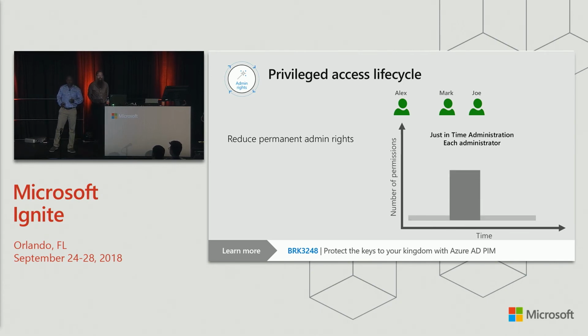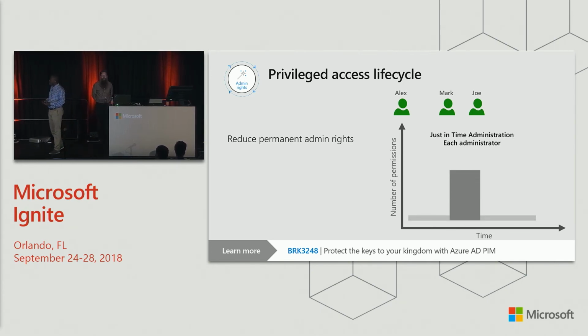When you remove that standing admin access, now your risk profile, instead of that big area in the rectangle, is only reduced to the time that those users have the permissions. They are normal users. When they need permission, they get elevated after being challenged with MFA. They get a permission for a fixed period of time, and those permissions get reduced.